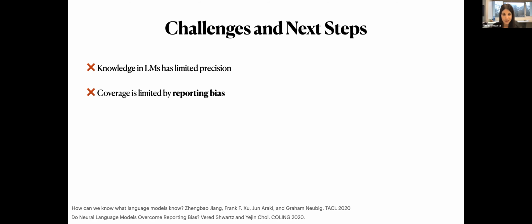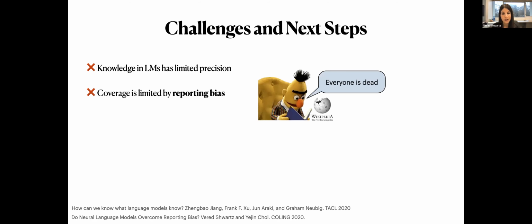So this is one of my favorite examples. If you use BERT to try to estimate the probabilities or the frequencies of events and actions that people perform on a daily basis, it gives a very high probability of dying, even though it's something that only happens once in a lifetime.